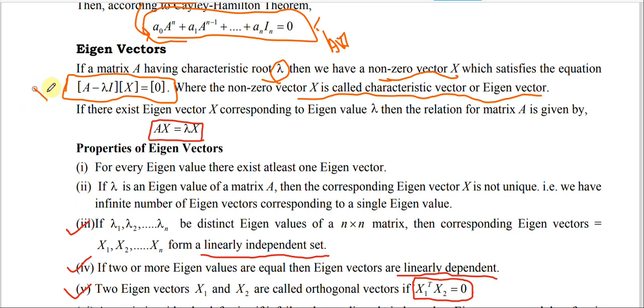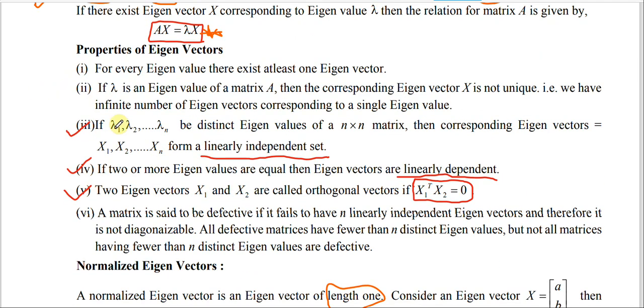This is its main equation, where x is the eigenvector. We can also write it as Ax equals lambda x, which is also one equation.